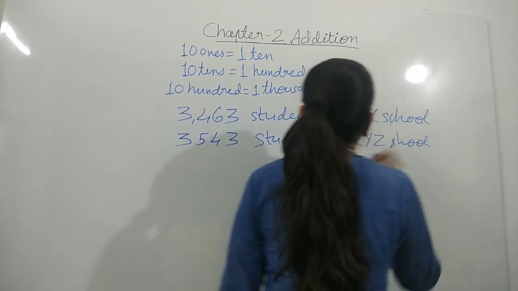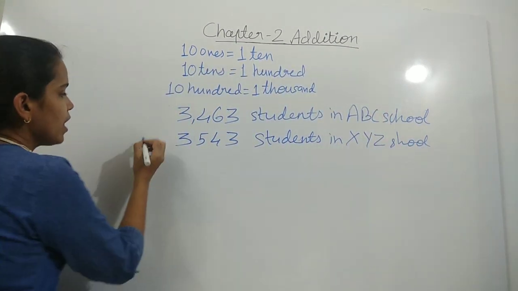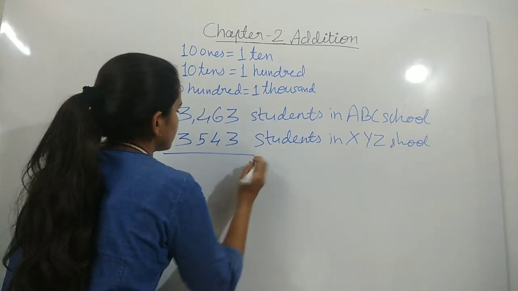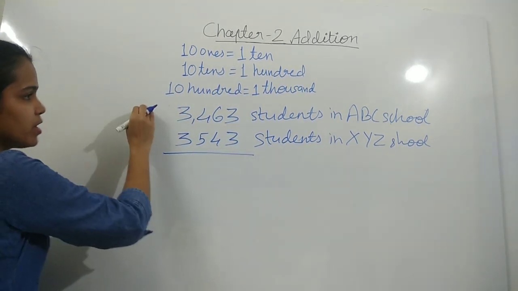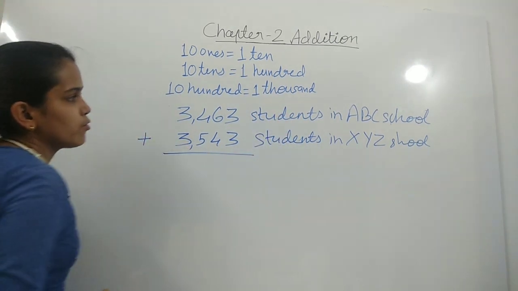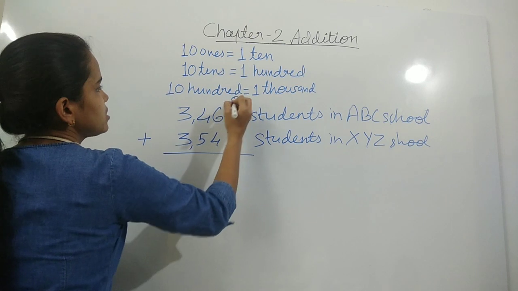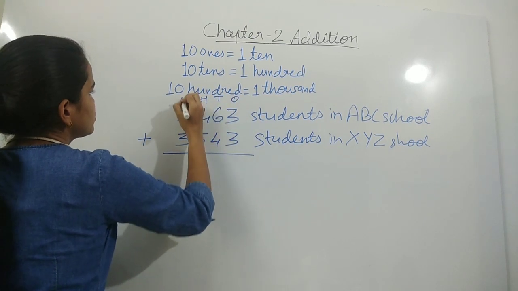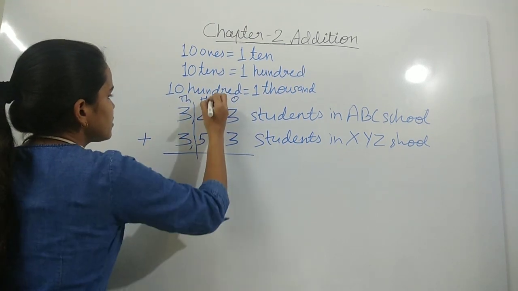We have to find this. Okay, what we will do? We will add the students of ABC school with the students of XYZ school. For this we have to arrange this in the place value chart. We have already arranged it.